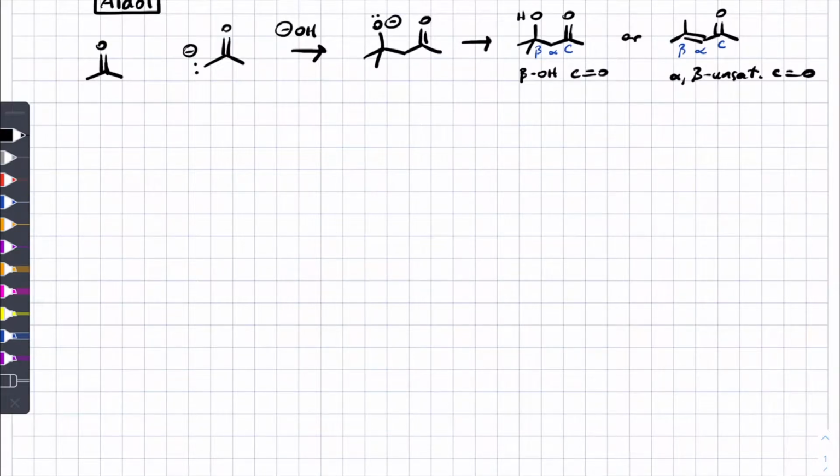And just to clarify, this portion of the molecule comes from the enolate, and this portion of the molecule was our electrophile or ketone.